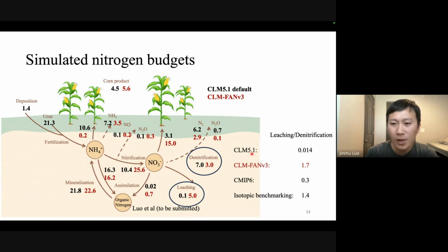We increased this ratio from 0.014 in the CLM 5.1 default, which is really small, to 1.7 right now. We are closer to the isotope benchmarking suggestion, but again, this is only the model adjusted for one single agriculture site.